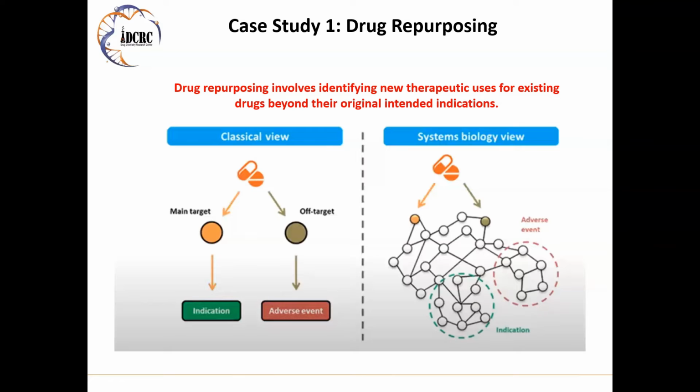These other systems can play a major role in some other diseases as well. So by studying those side effects, we can find other diseases in which paracetamol can act. This kind of finding, in which we find another indication or use of a particular drug, is known as drug repurposing.